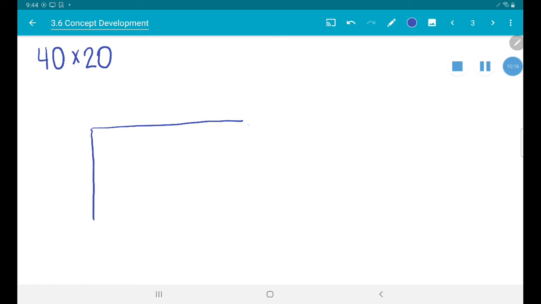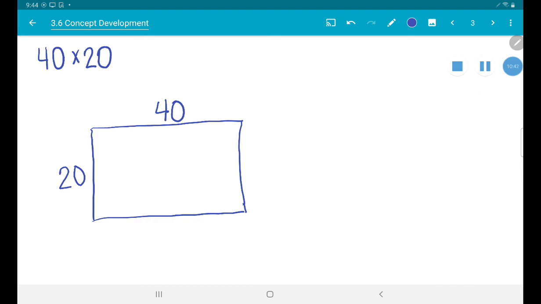You're going to draw a rectangle. Our longer side is going to be the biggest number, 40, and the smaller one goes on the bottom, or on the side, if that's the way that you drew your rectangle. Whichever the longest side is going to be your bigger number.